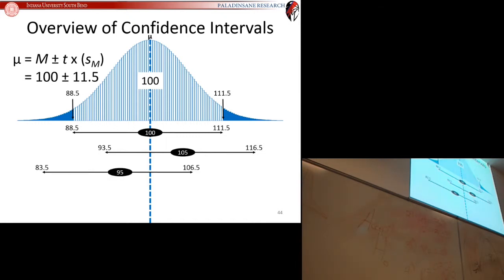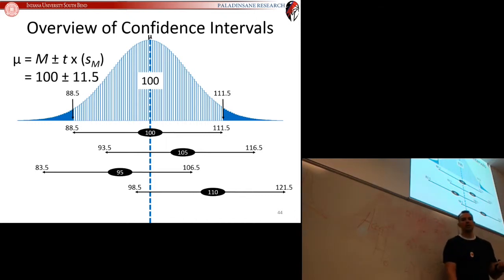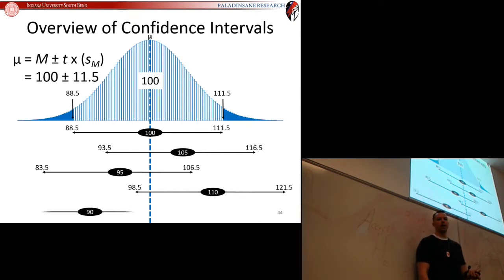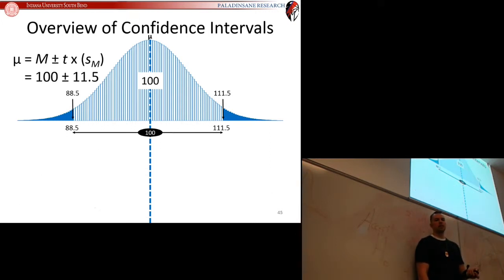So any sample that by chance happens to come from this body over here, as long as it is in the body of the comparison distribution, its interval will contain the population mean. It will be a correct estimation of that population mean. And it is only when it comes from the tail that you miss your estimation.